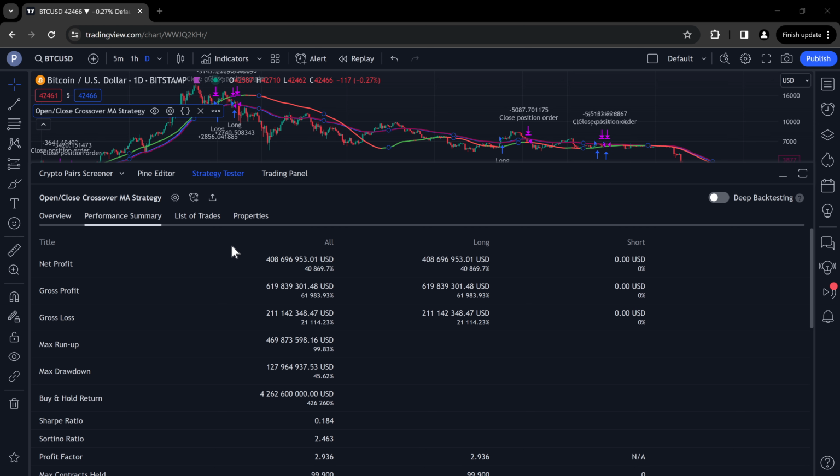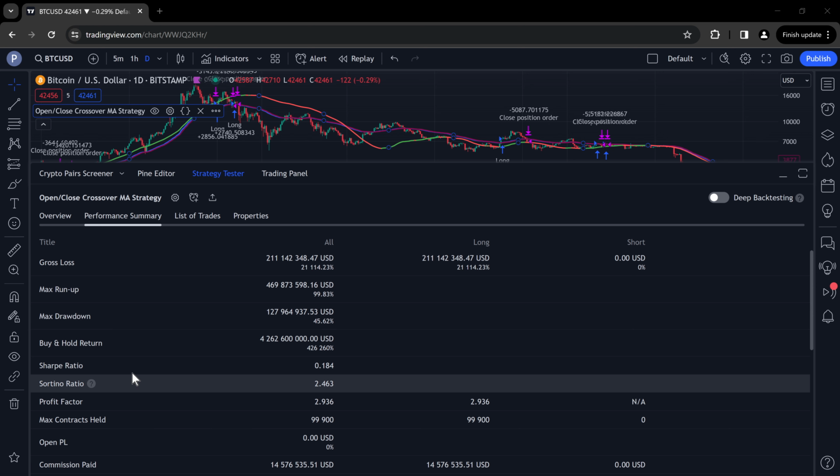And when the net profit of the backtested strategy is higher or even essentially higher than buy and hold, then the strategy basically makes sense to trade, because you make more profit compared to if you just bought and held this selected market.